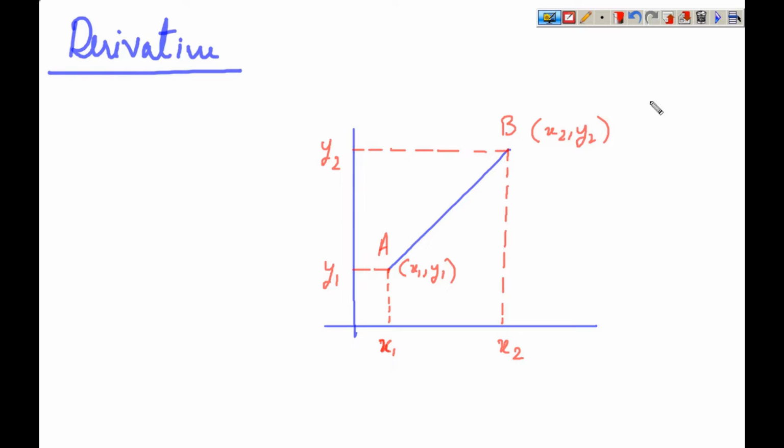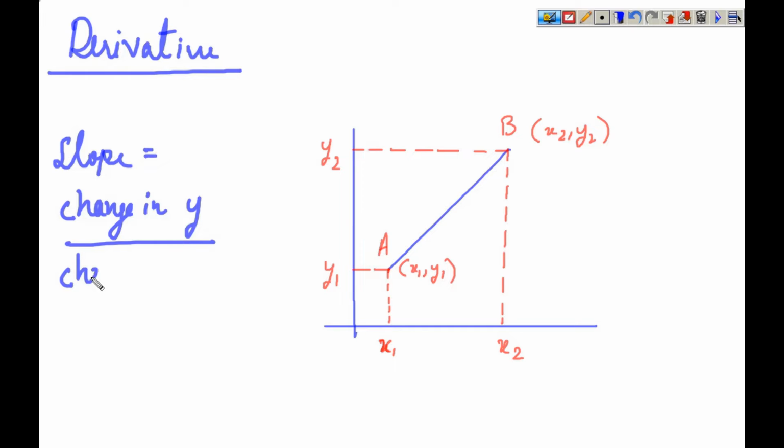Now the slope of a line means the change in y with corresponding change in x. So the slope can be written as change in y with respect to change in x.